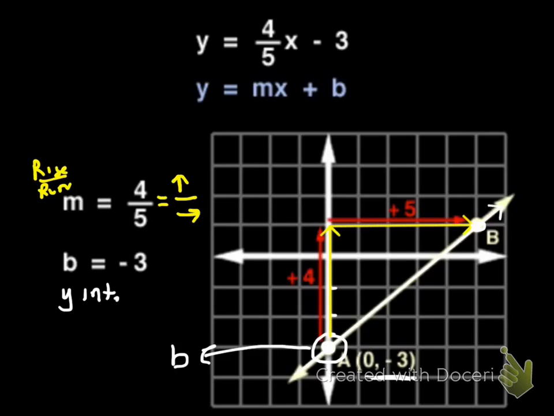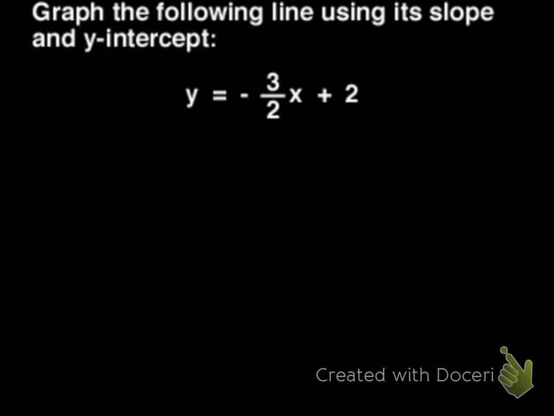Alright, let's look at another problem. So, I'll give you a second. You guys try and write this out. Identify m and b first. Those of you that need a hint, remember y equals mx plus b. So, m is what's in front of the x.